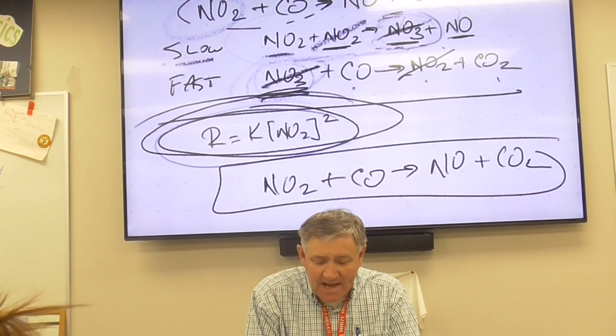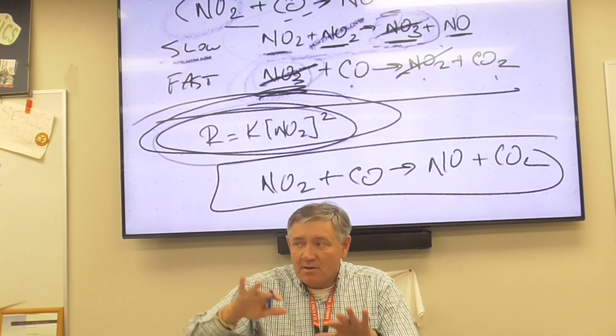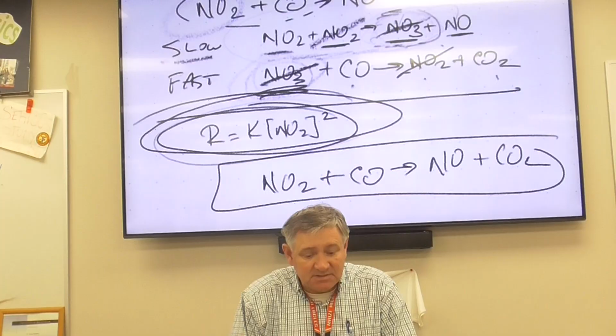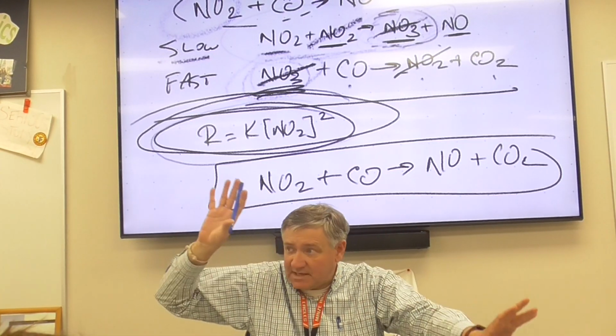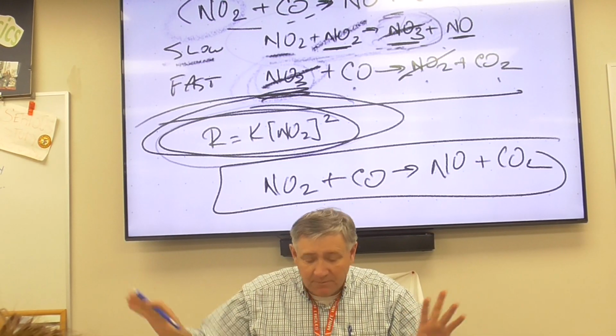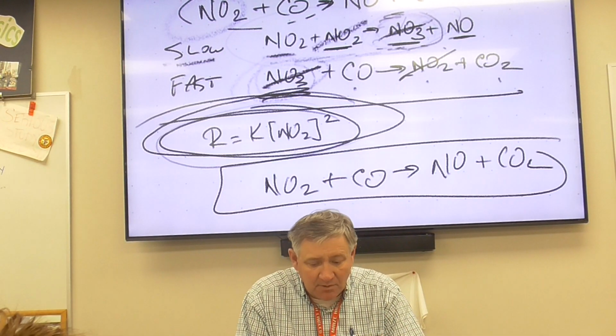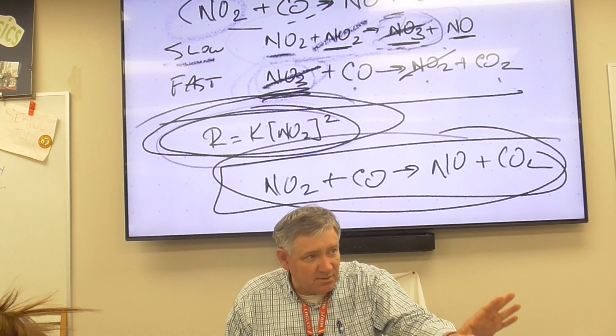Cool. That's what allows it to fit with my overall rate law. That's one of the key components. I propose that I form an intermediate, but then it gets consumed rapidly. That works as well. And then when I add them all together, I get the reaction that I explain overall.